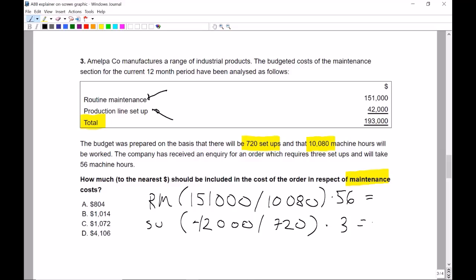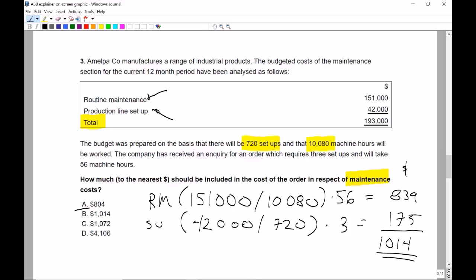We put these numbers into our calculator, and we determine that the maintenance costs will be $839, and the setup costs will be $175. We can add those up, and we get $1,014, the total cost for maintenance for this special order.